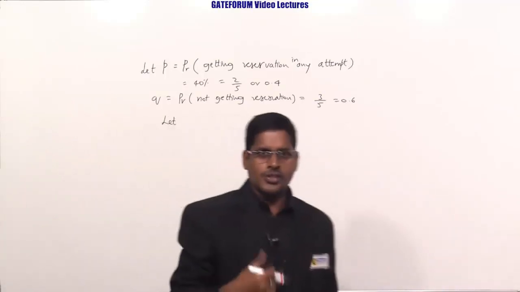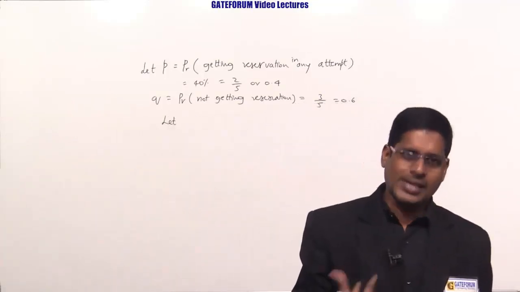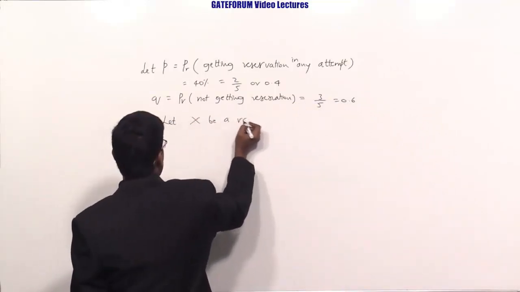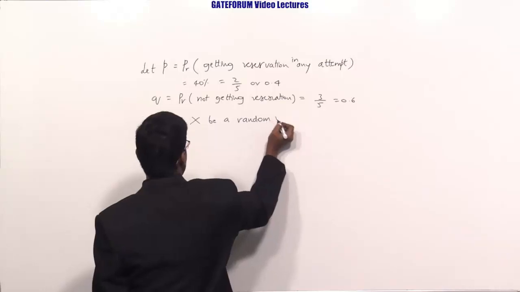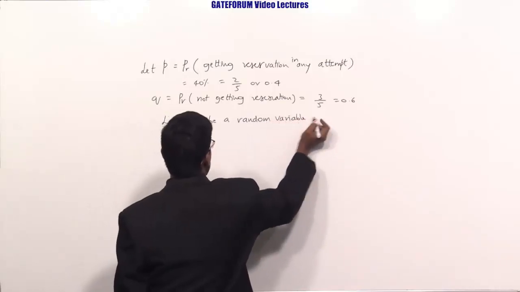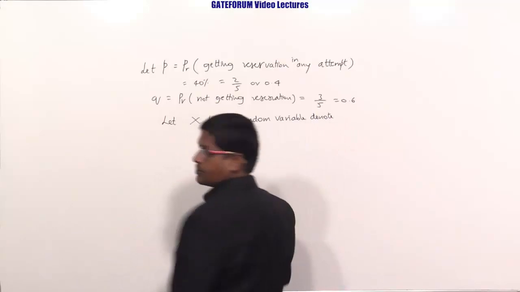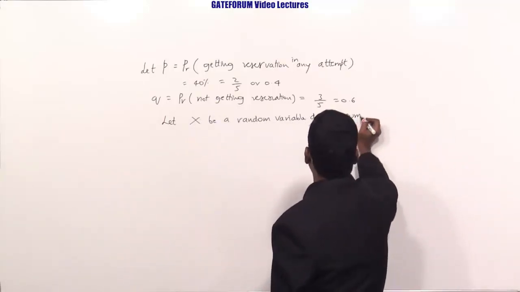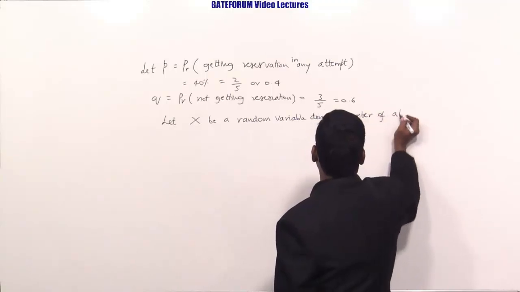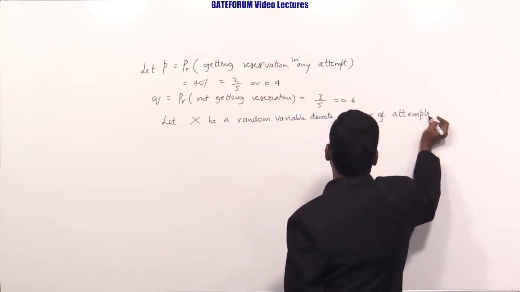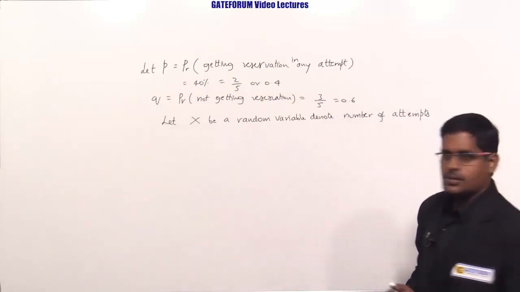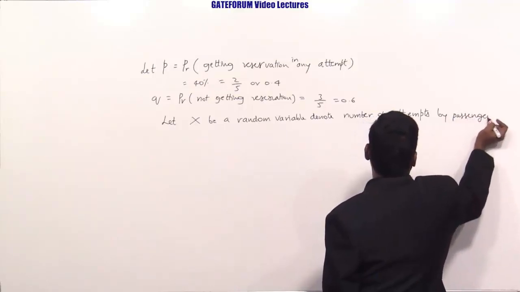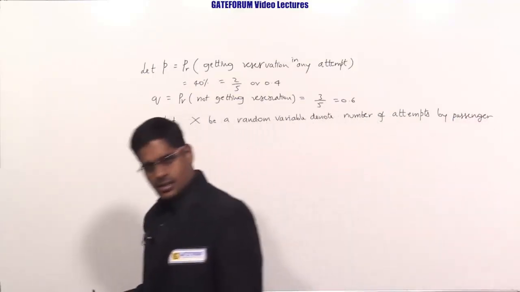So the passengers try continuously until they are successful. Successful means to get a seat reservation. So let X be a random variable denoting the number of attempts by a passenger to make a seat reserved.